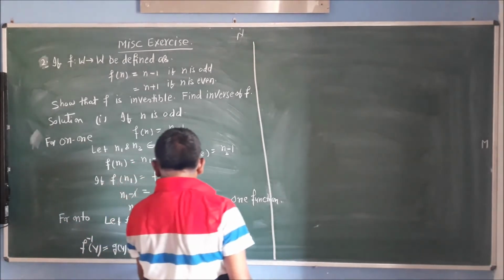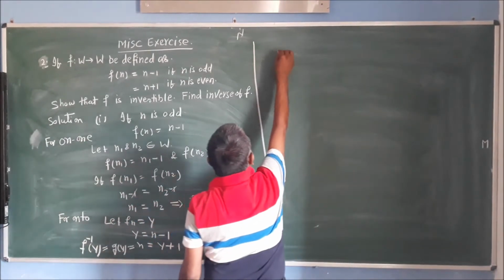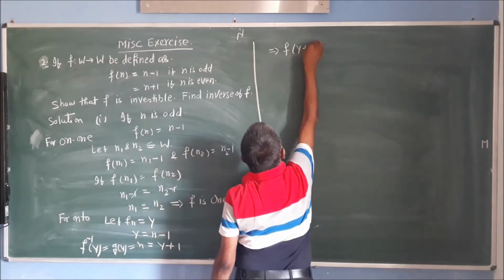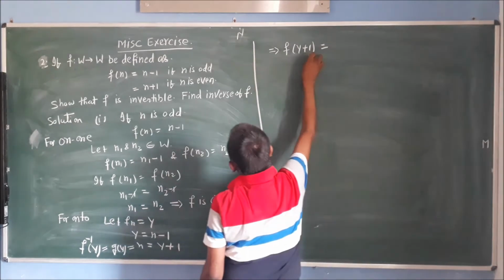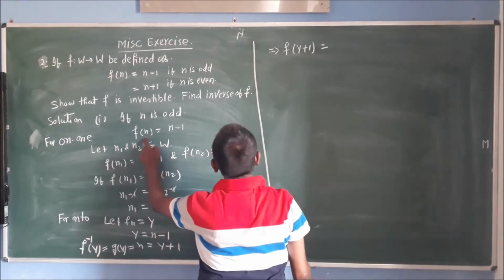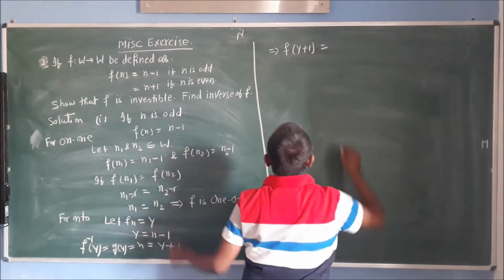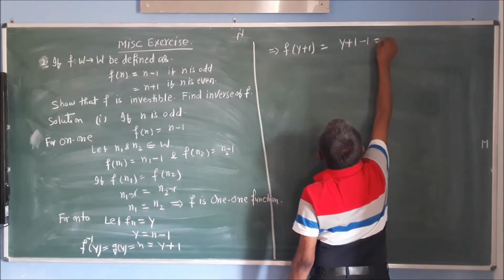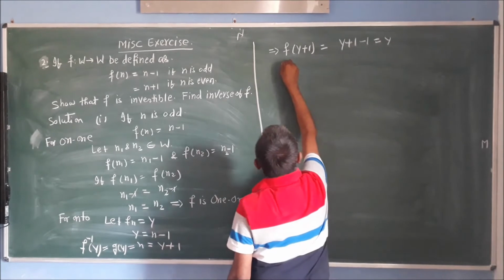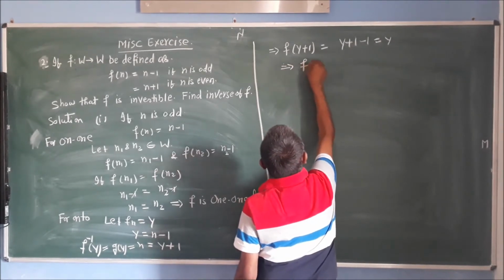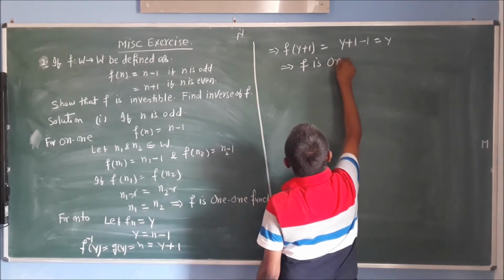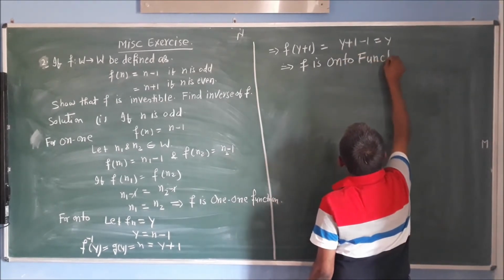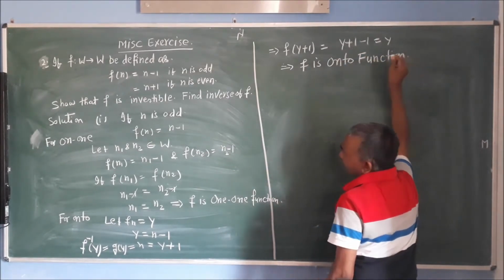So what is the value of f of y plus 1? Put this value y plus 1 in this function. In place of n, you have to write y plus 1. So this will be y plus 1 minus 1, which is equal to y. So this implies f is onto. So you have shown that f is a one-one function, and also that f is an onto function.